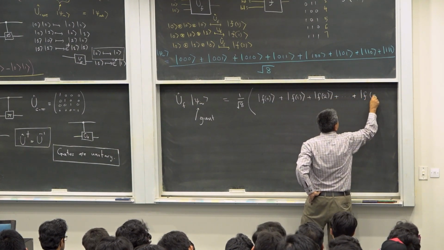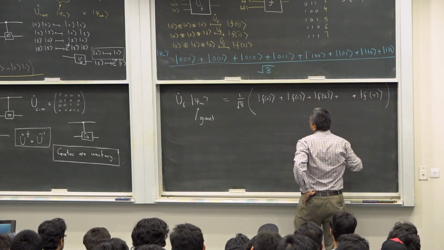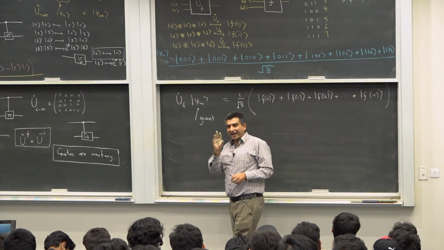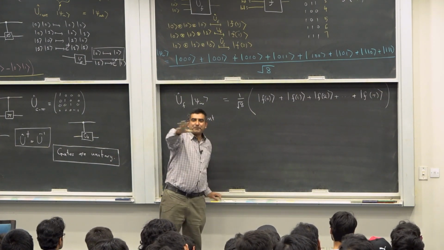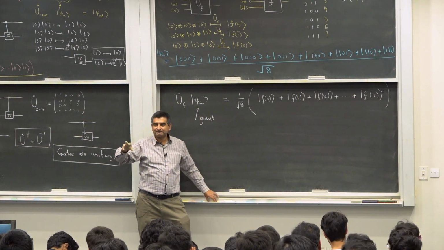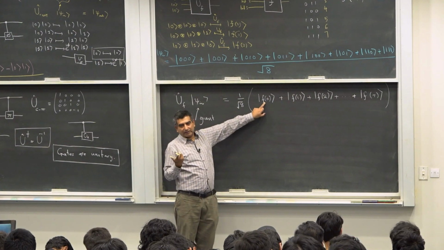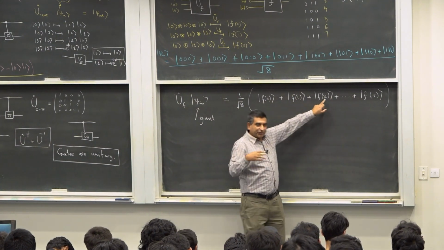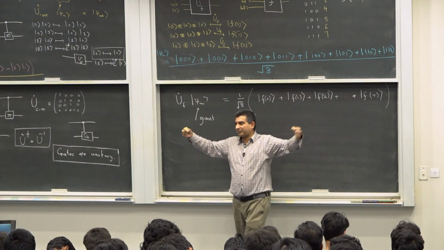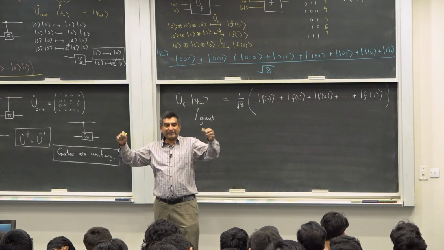F of 7. So I'll get the output. Now I'll get a superposition at the output. So each of these is 0 or 1, because I just have 1 qubit at the output. And now that 1 qubit is in a superposition.